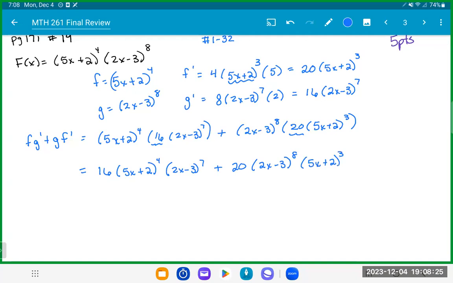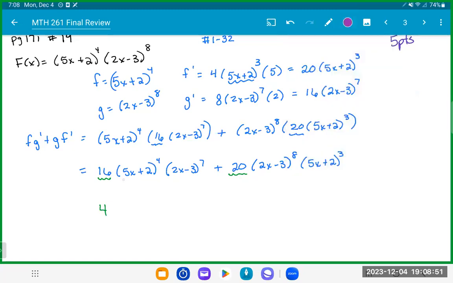Okay. So now we want to factor out some common terms. We can see that with our constants, we have a 4 in each of those, right? So we can factor a 4 out of each of those.